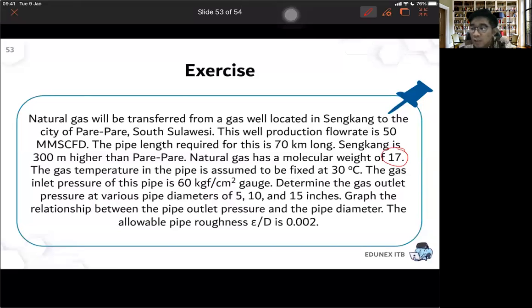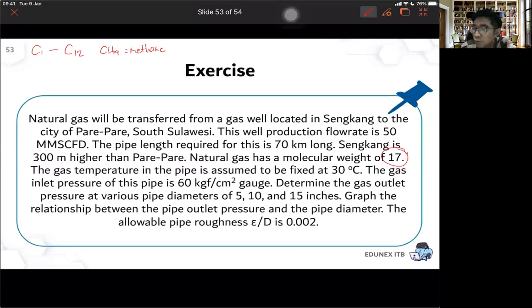Medium means from C1 until around C12. But since the molecular weight of the natural gas is 17, from our last discussion, we can assume that the closest one is CH4, or methane gas.